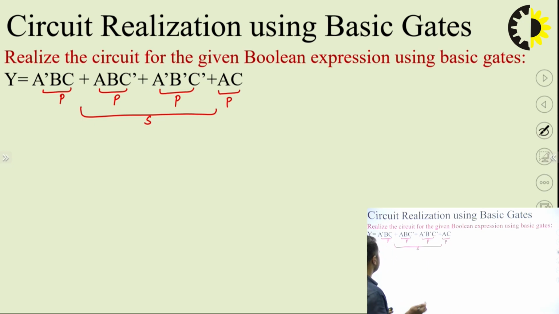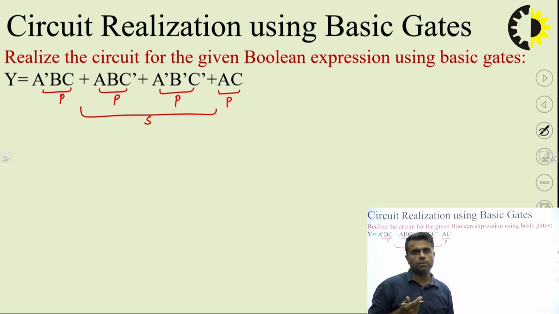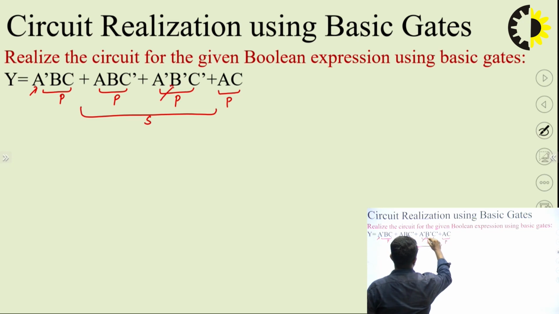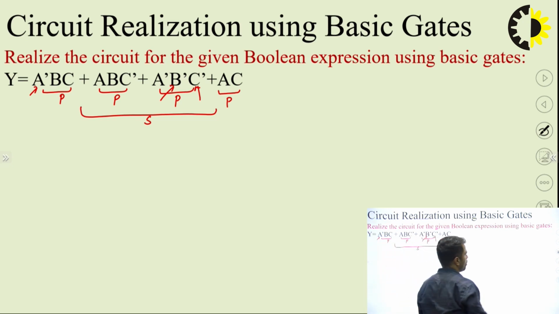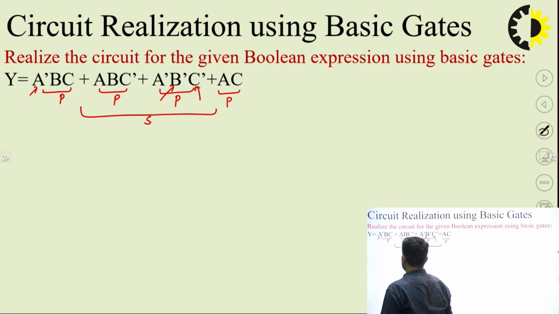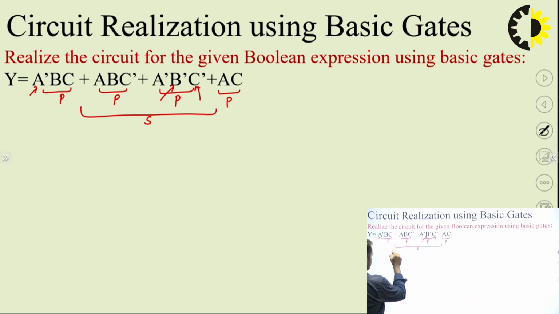We have to identify which are the variables for which inversion is required, for which bar is required. So we can check here, A bar is required, here we can see B bar is required, and here we can see C bar is required. So all three variables are requiring the complements. So if we start preparing the circuit, first of all we will be realizing A and its complement, A bar.